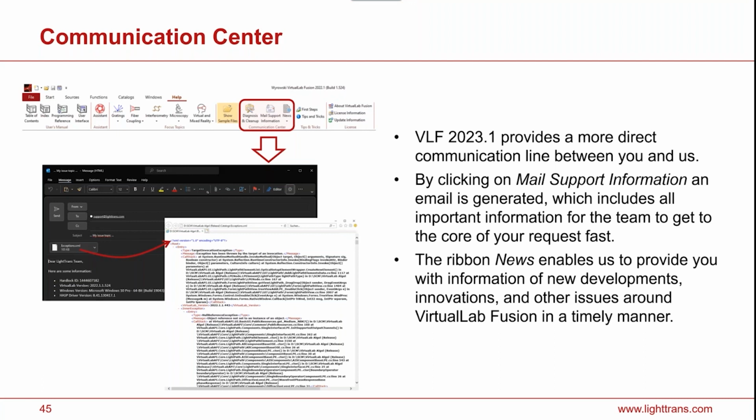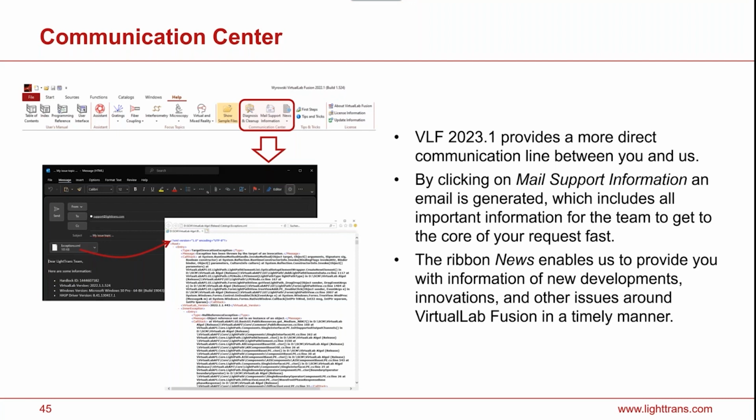There is another point, which is news. News is also now interactive in the way that we can change the content there from our side. So it helps us to give very important information to you about some kind of issues which turned out to be important.